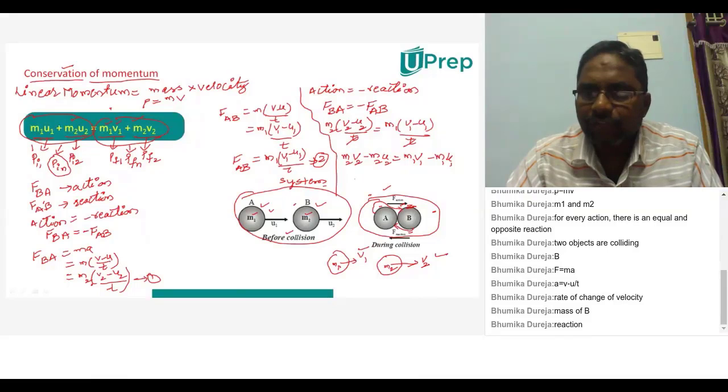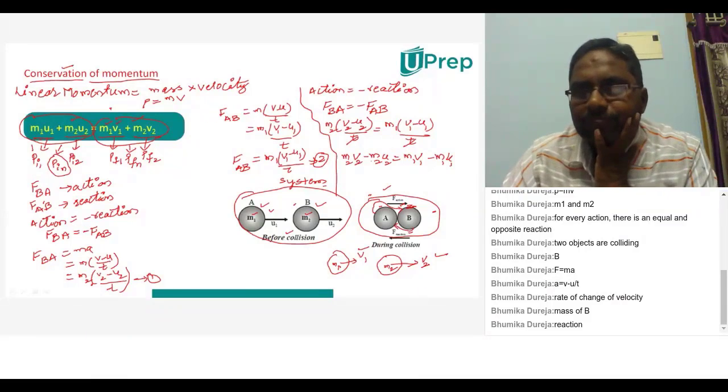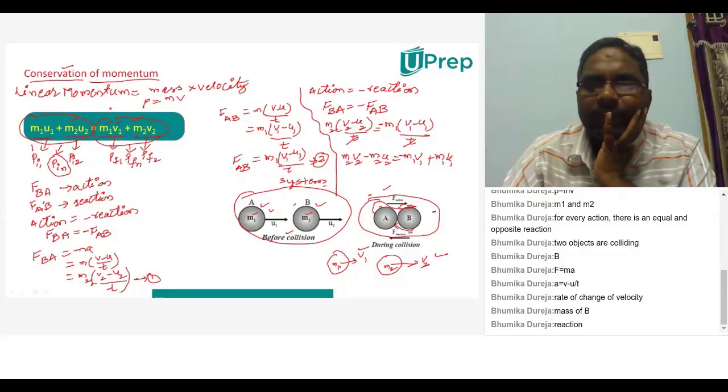Here minus is there, so we have to take whole minus. So here minus, and this will become plus. Whole minus is there, no? First minus M1 V1, and minus into minus is plus. So plus will be there.